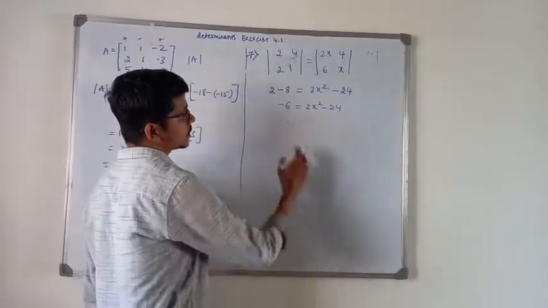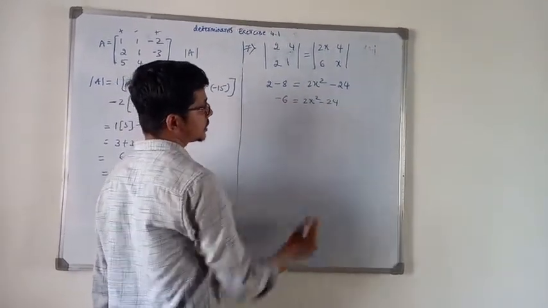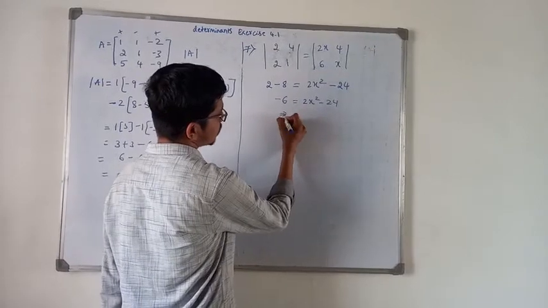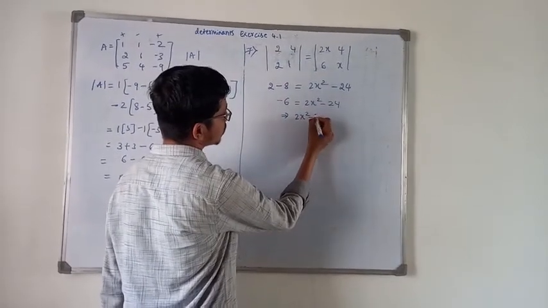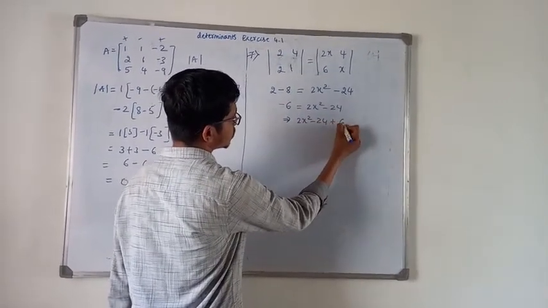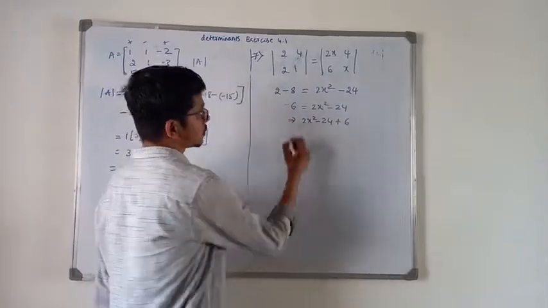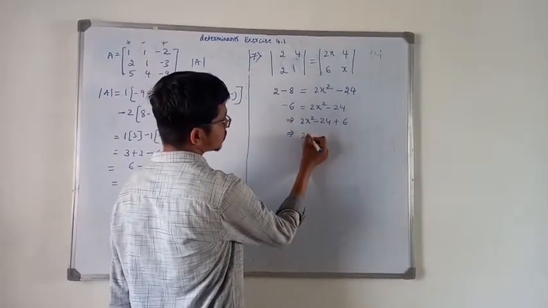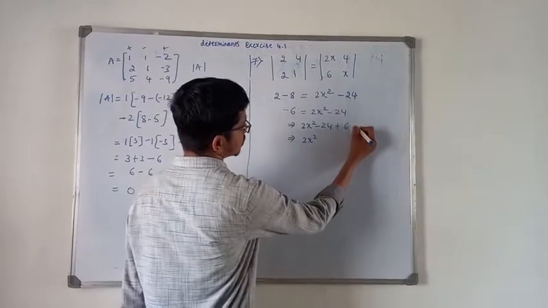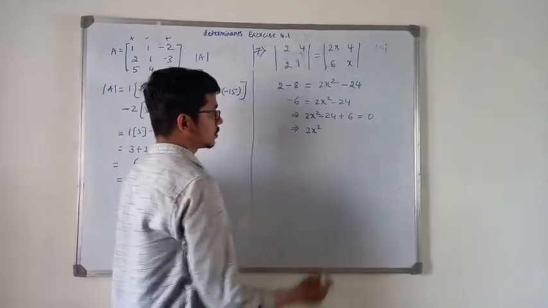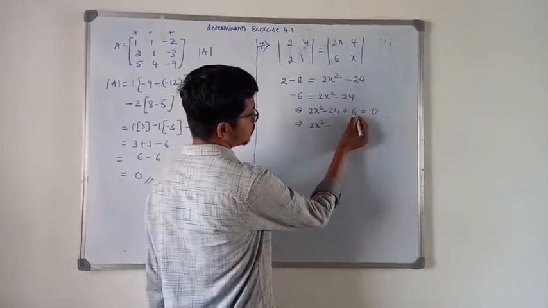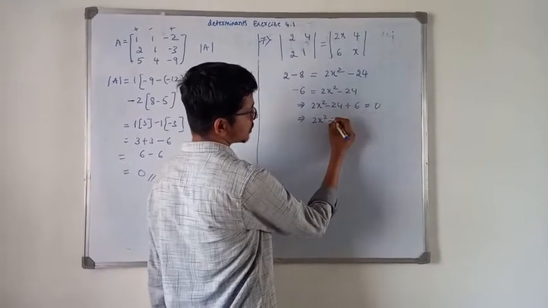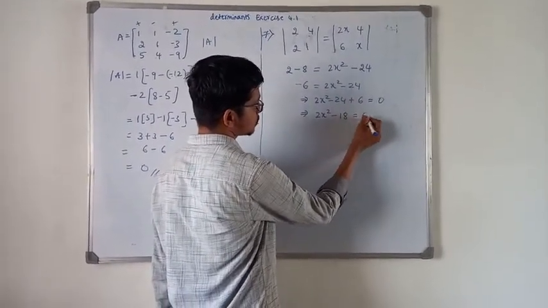I will transfer this equation to the right hand side: this implies 2x square minus 24 plus 6 is equal to 0, that is 2x square minus 18 is equal to 0.